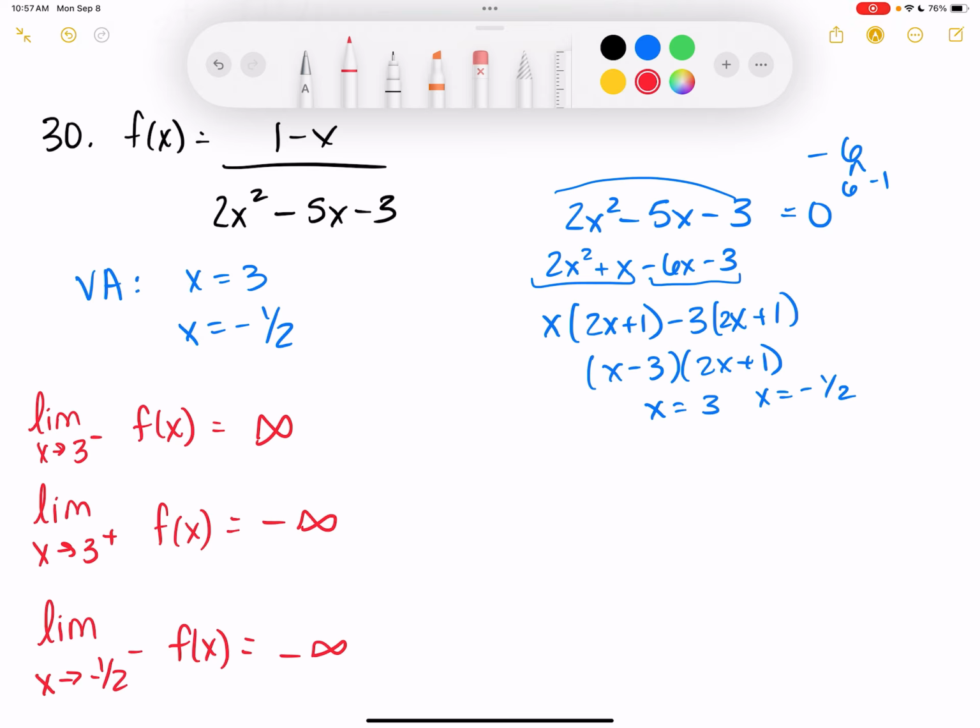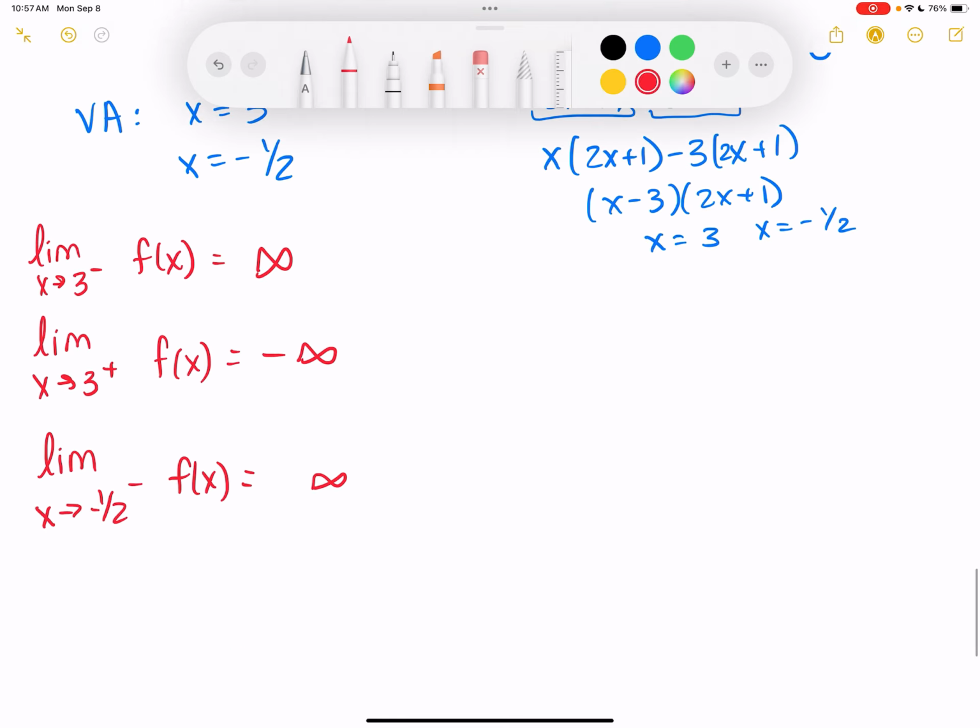There we go. It's a positive number. So positive infinity, and then the limit as x approaches negative 1/2 from the right.